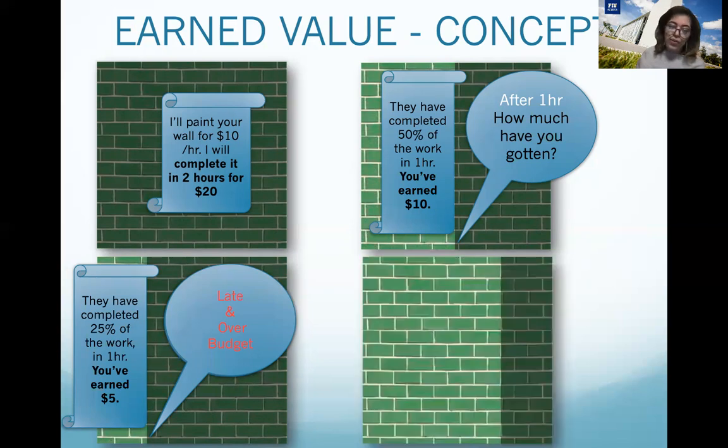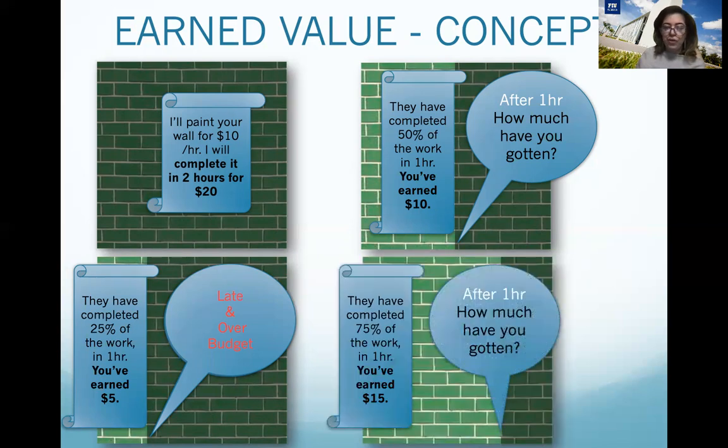Let's say I have good news for you. After 1 hour, we have completed 75% of the work. Now we're talking. This is really good news. In this case, the earned value is $15.